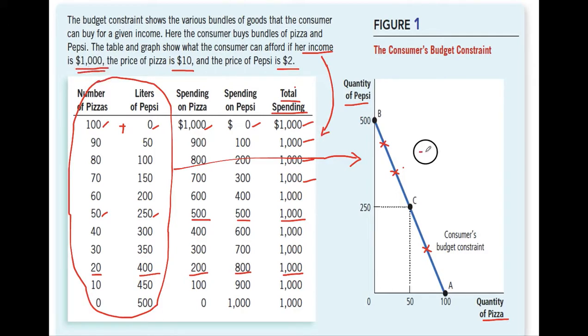He cannot afford a combination here, this combination X.